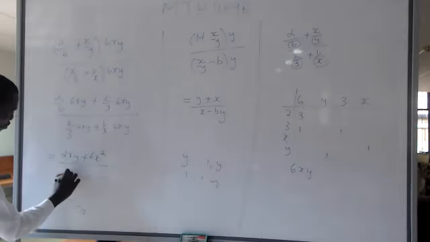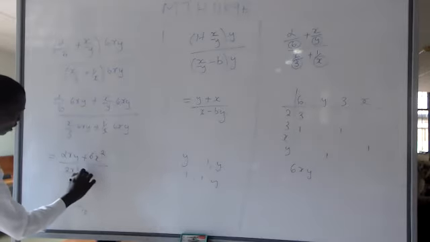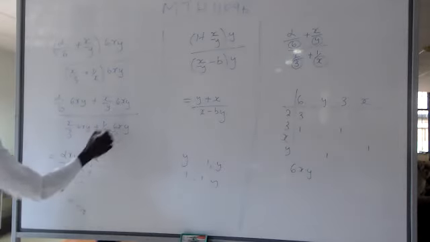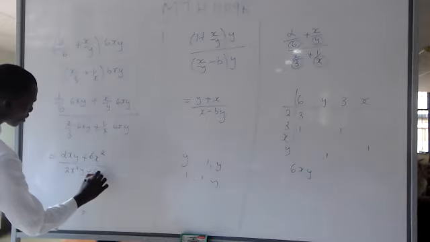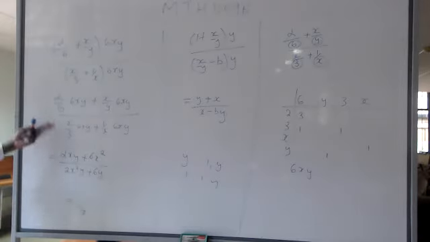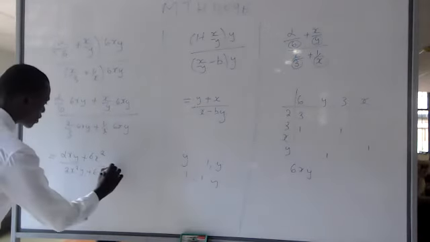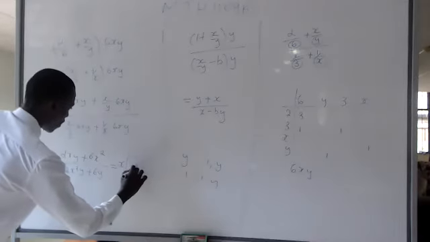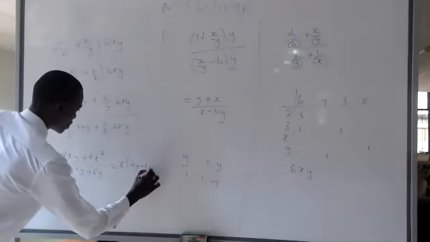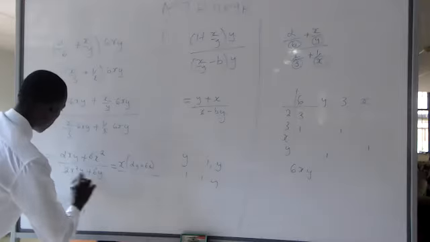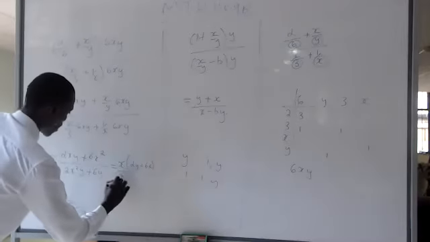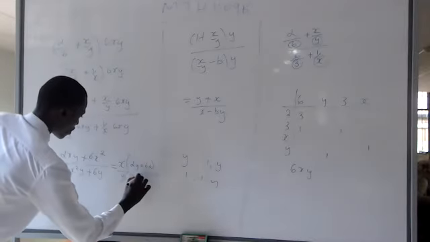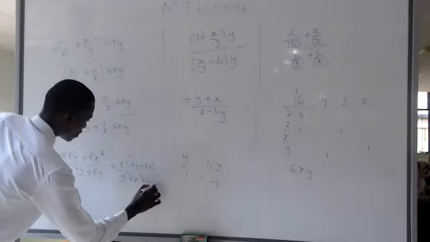So we have 2x squared y plus x divides x, so we have 6y. And then you can simplify if you want by factoring. You have an x into alpha y plus 6x divided by, here y is common, so y into 2x squared plus 6.